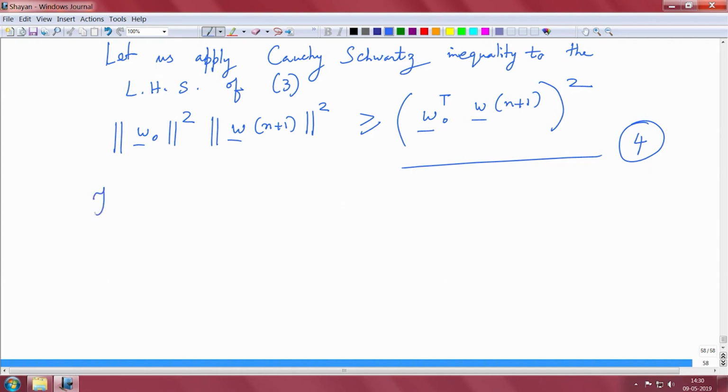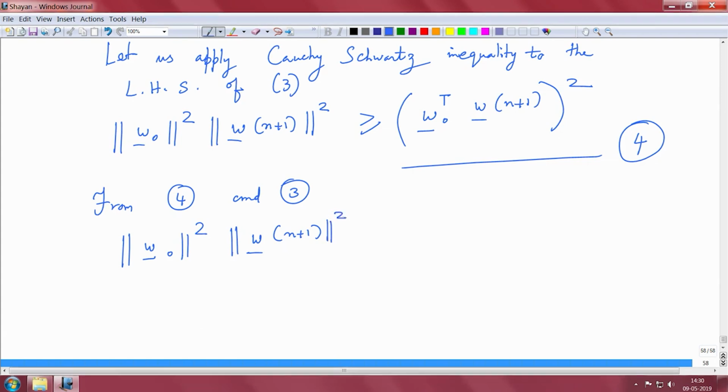So, from equation 4 and equation 3, the norm of W naught squared times the norm of W n plus 1 squared is greater than or equal to, and we have this bound, it is lower bounded by n plus 1 times alpha. So, this squared would be n plus 1 squared times alpha squared.